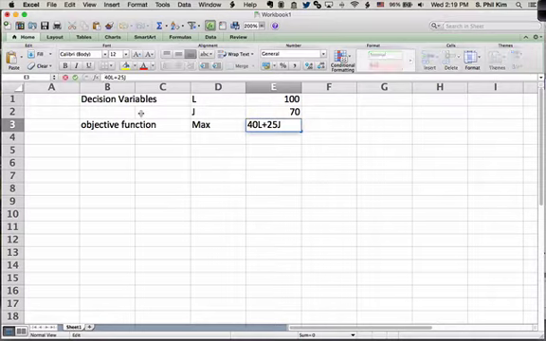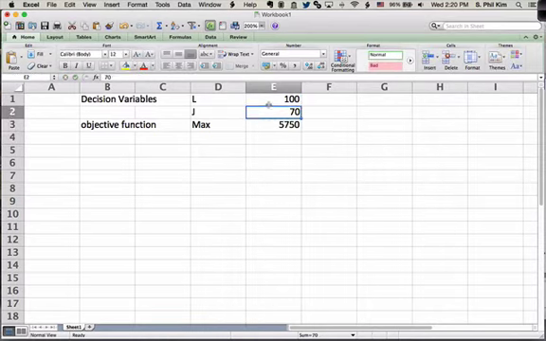So what you have to do is, if you set L is 100, you multiply 40 times E1. E1 is the L, right? And then 25 times J. Then you will get this number.